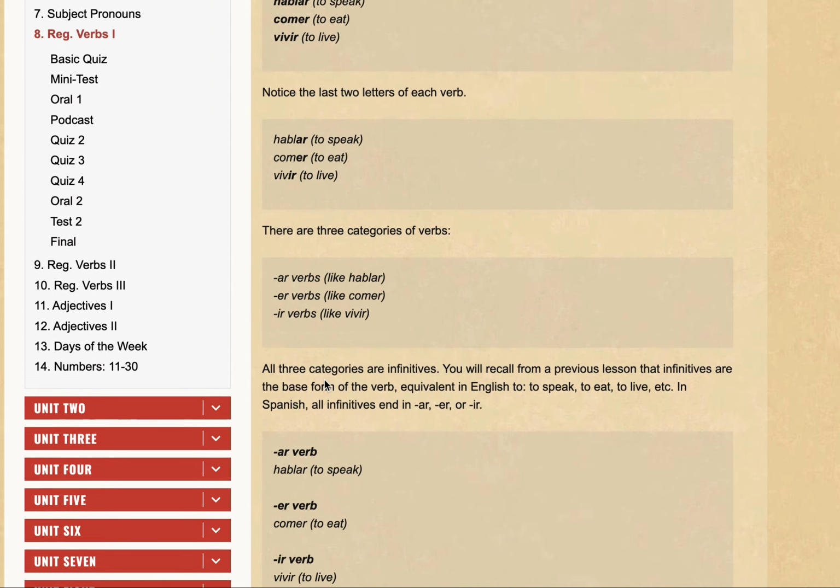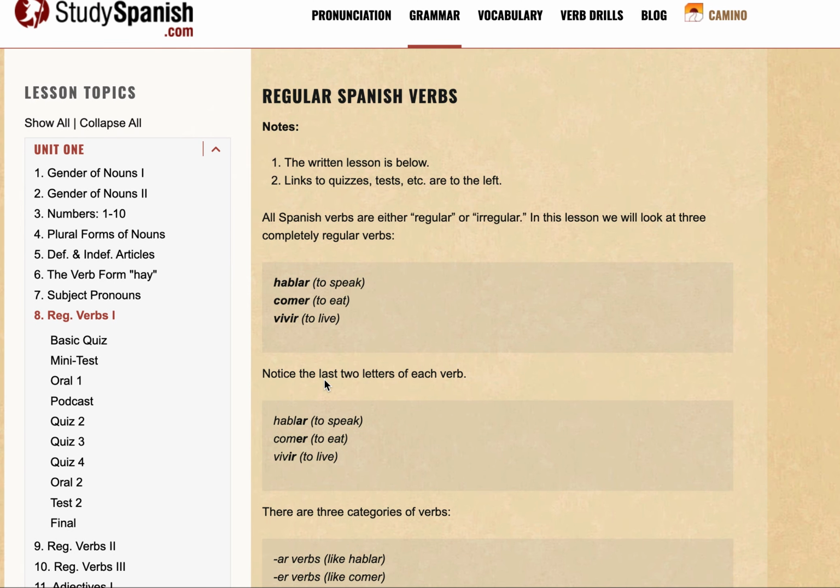And usted. For usted, we remove the ending of the verb and add either an a or an e. Basically, with verbs that end in ar, you add an a, and for verbs that end in er or ir, you add an e.